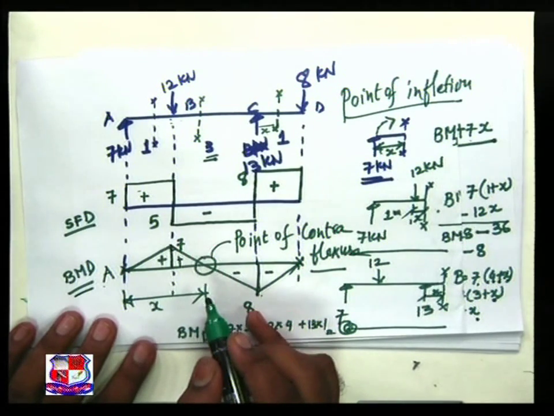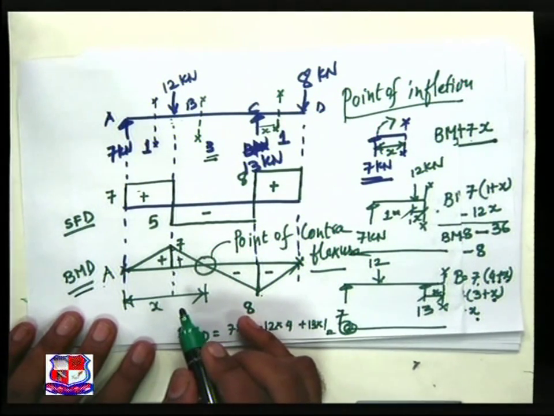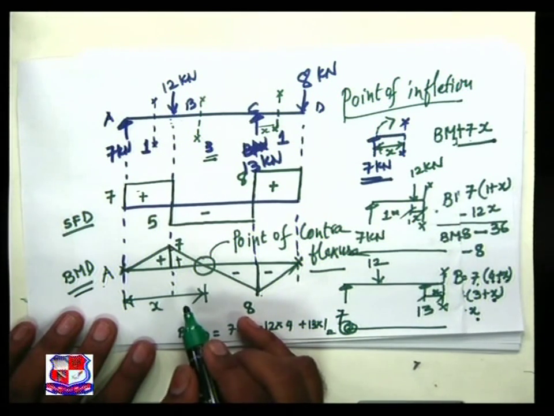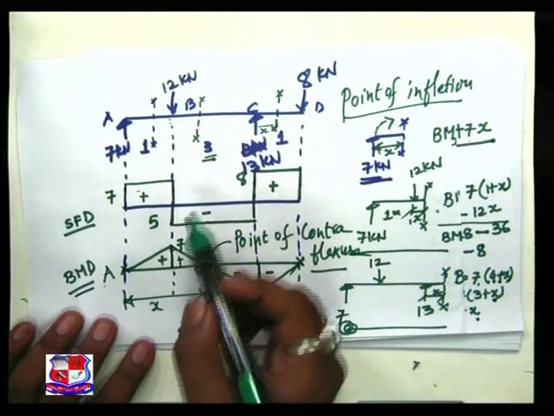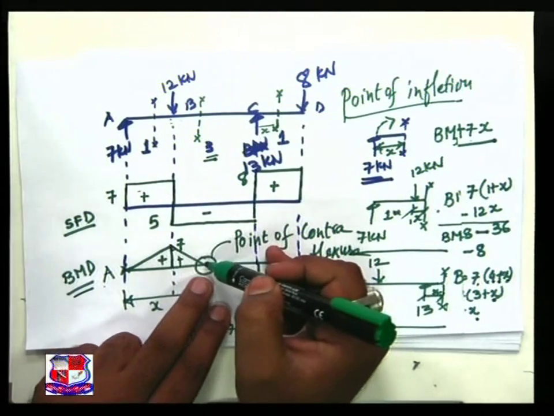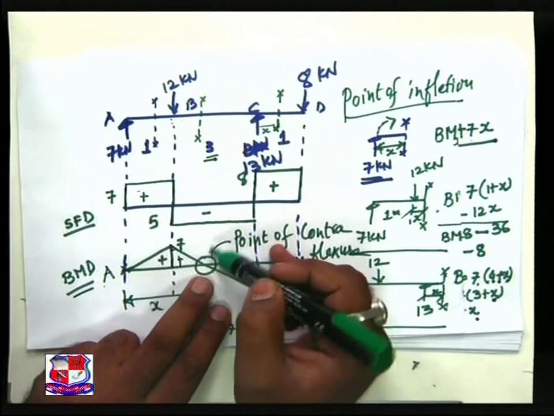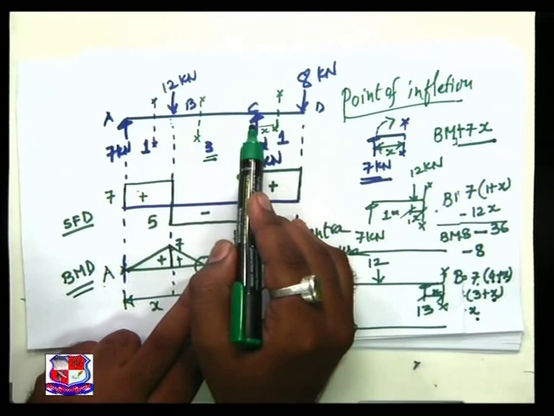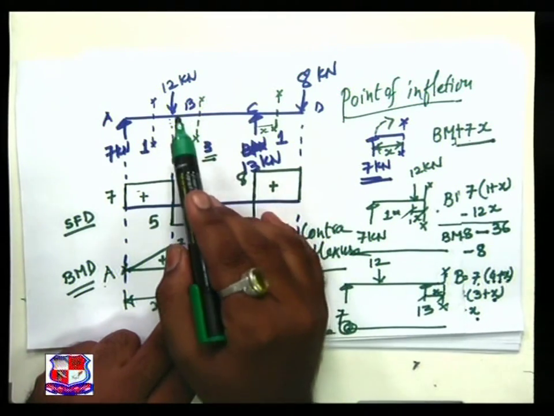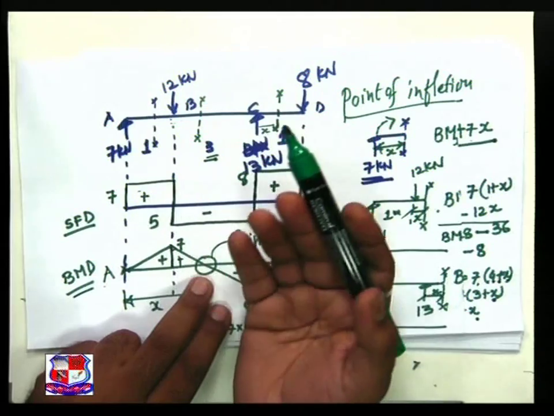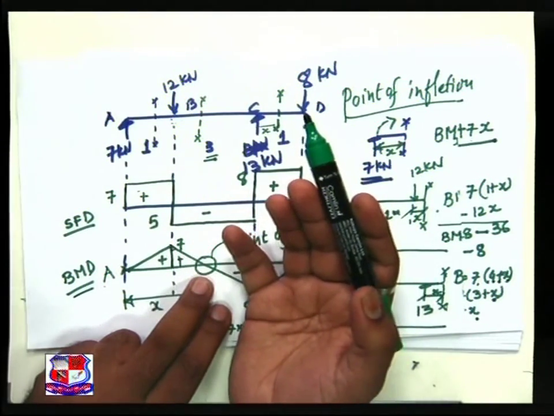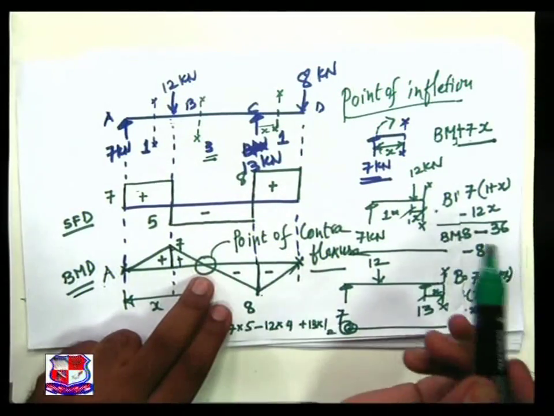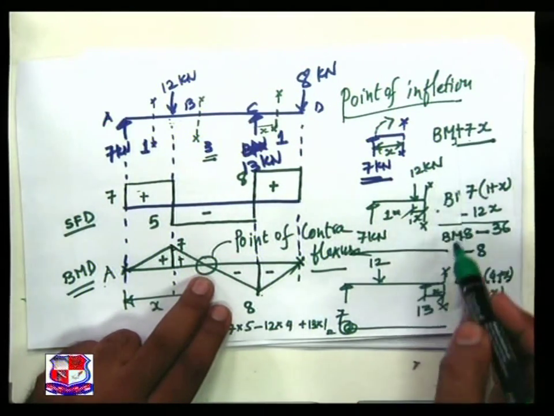Now to find that particular point, we have to make certain important notices over here. The first important notice: my point of contraflexure is between B and C. This is my first observation, that the point of contraflexure is somewhere between B and C. So I have to take a section between B and C, and that is the figure over here.